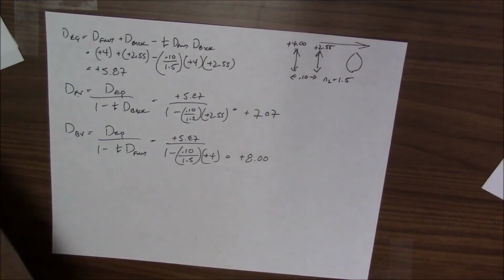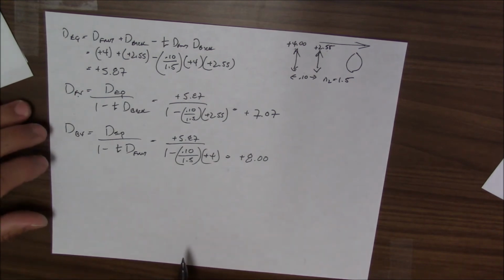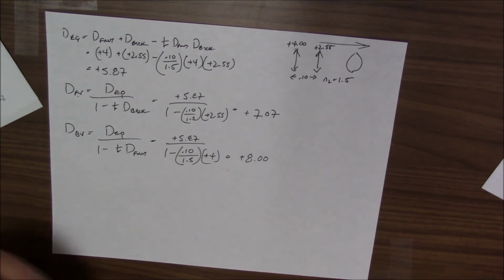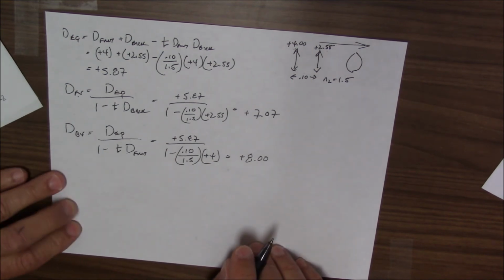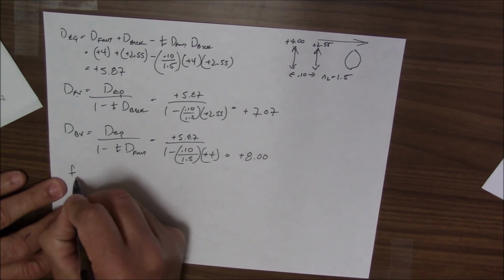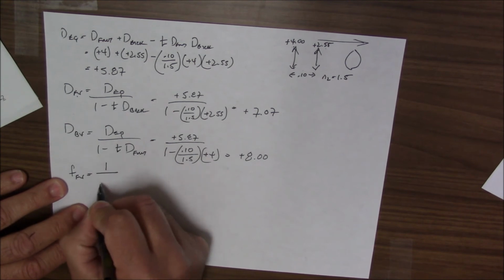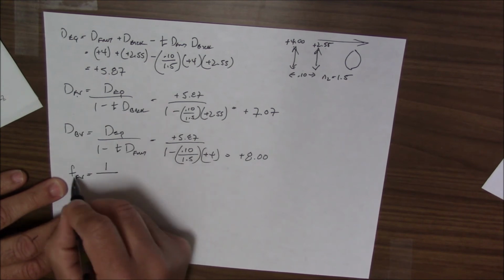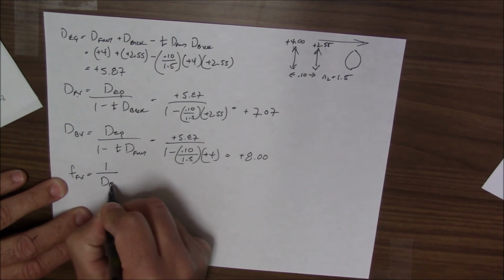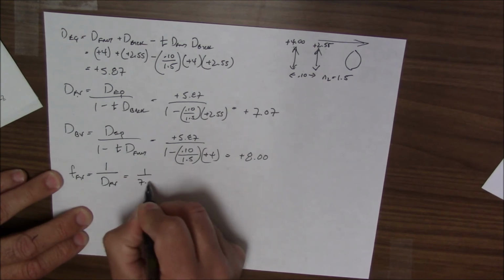Okay. All right. So we figured out what our powers were: our front vertex power, our back vertex power, our equivalent power, and then I want to figure out what the associated focal lengths are for those fellows. Okay. So I want to know what the focal length is for the front vertex power. Okay, and that's going to be the inverse of our front vertex power. The focal length of the front vertex power is going to be the inverse of the front vertex power itself. Okay, and so that's going to be 1 over our 707.